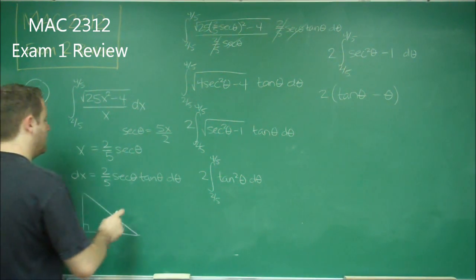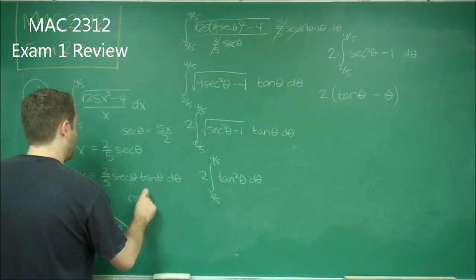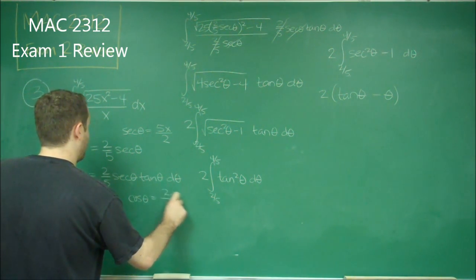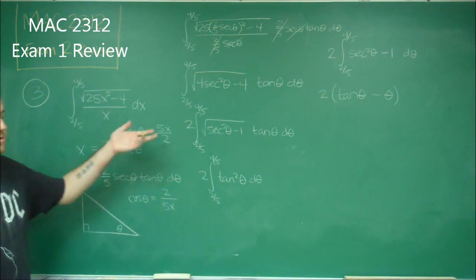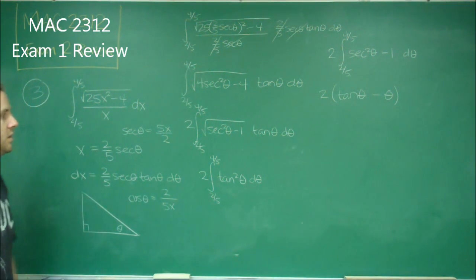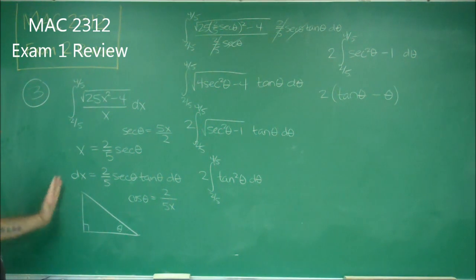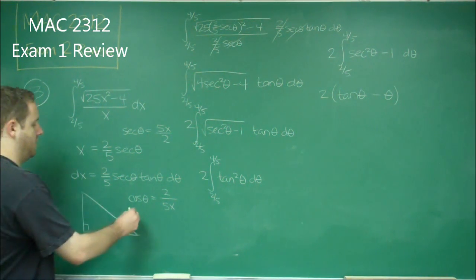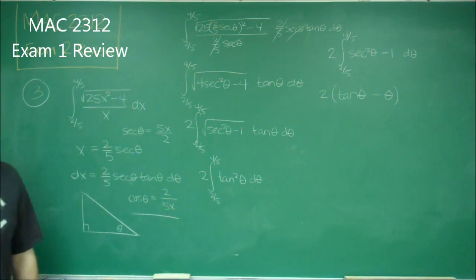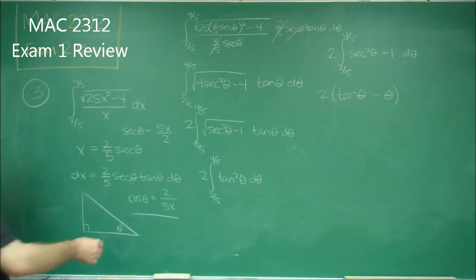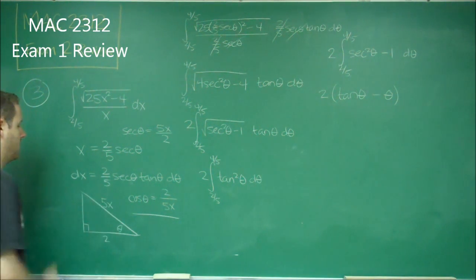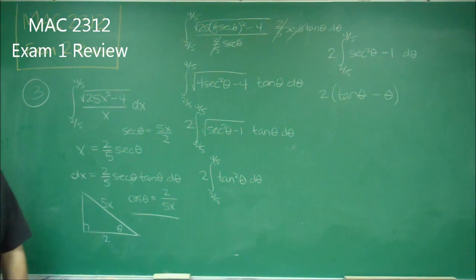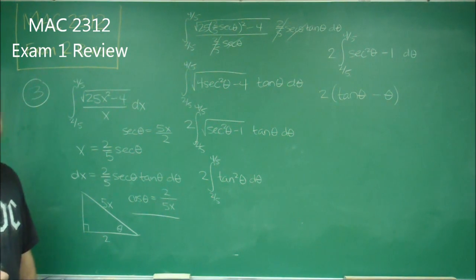That's saying that cosine theta is 2 over 5x, because secant and cosine are just reciprocals. So I just need to label this triangle correctly if cosine is 2 over 5x. Cosine is adjacent over hypotenuse, so that means this is 2, and that's 5x. I can figure out the other part by Pythagorean theorem.